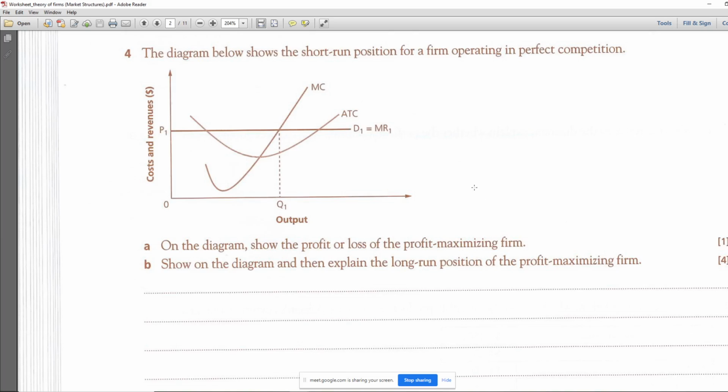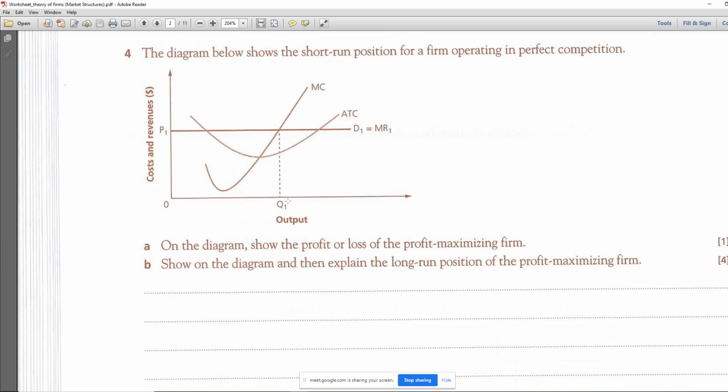So where is the profit? I know it's kind of difficult to explain using this diagram.